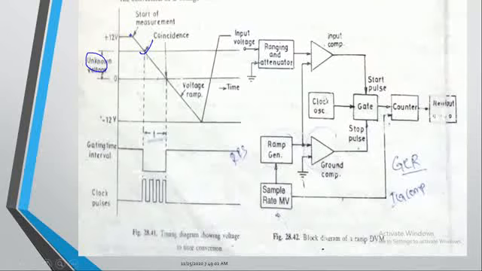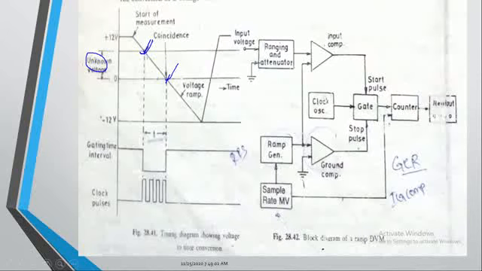Whenever the ramp signal crosses the zero level, it will mark this point also. So one mark is made when the two signal amplitudes are equal, and another mark is made when the ramp signal crosses the zero level.